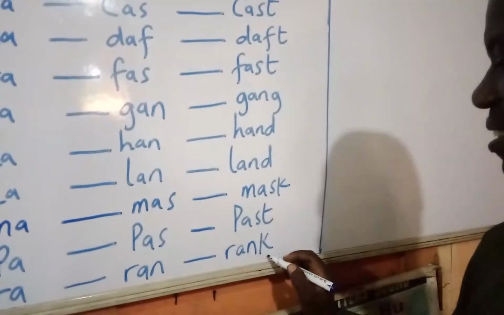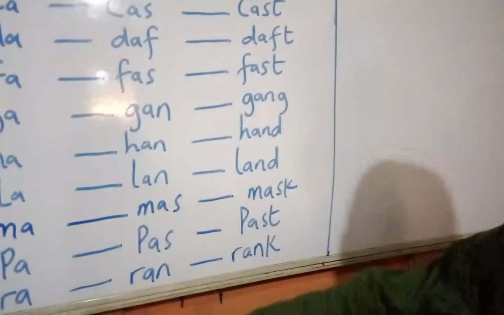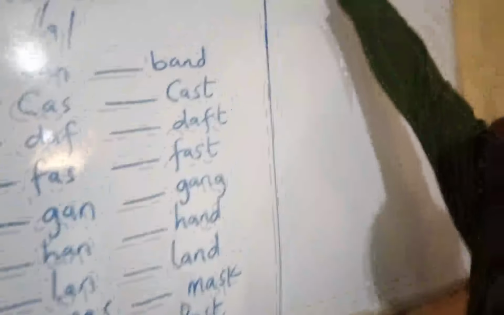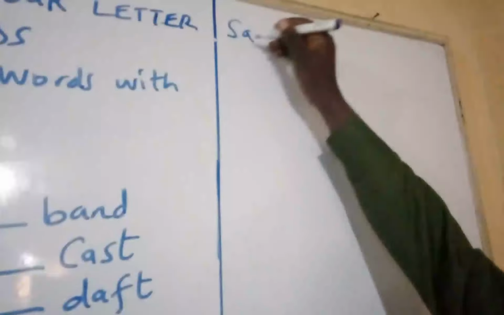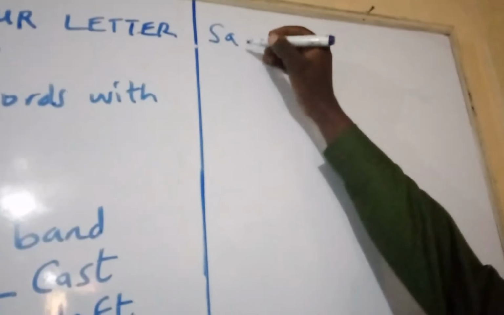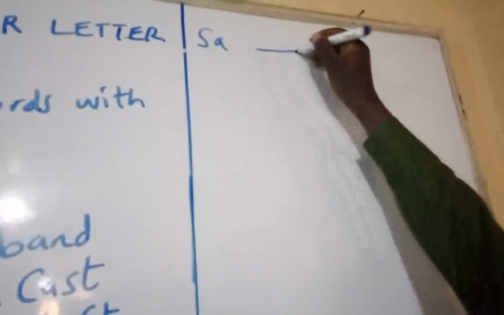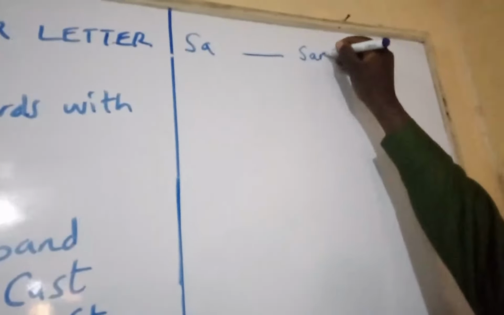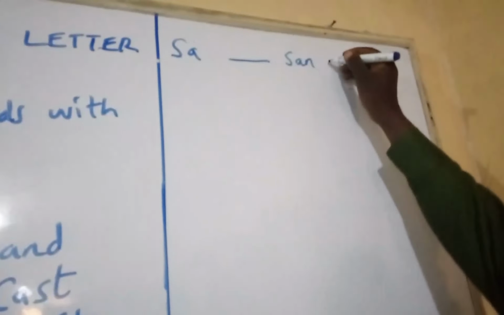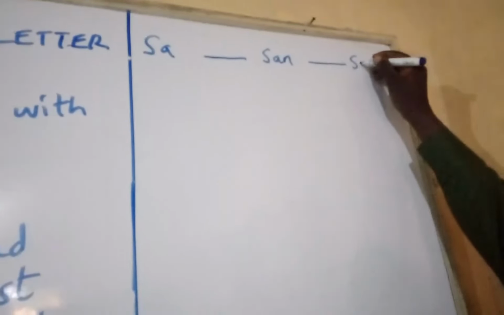Rank. Okay, after R we have S, as we have these two produces sa as in sun, and to 4.